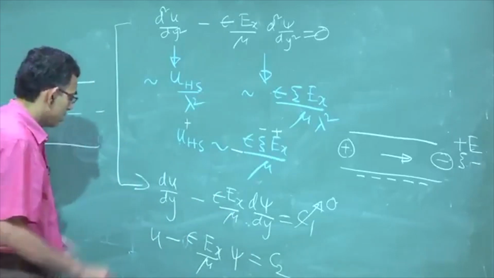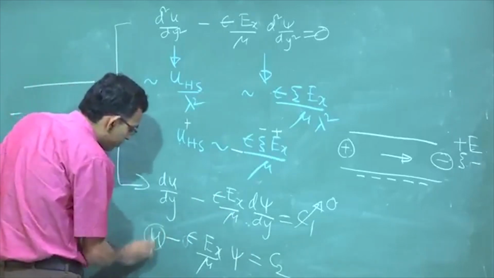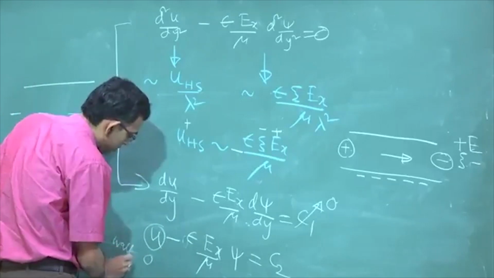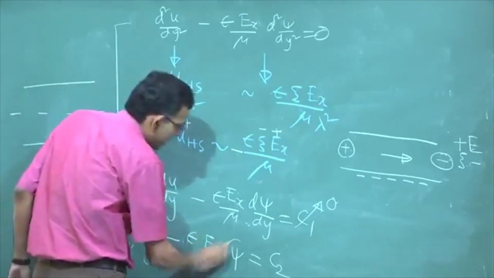At the wall u is 0, this is no slip, and psi is zeta.